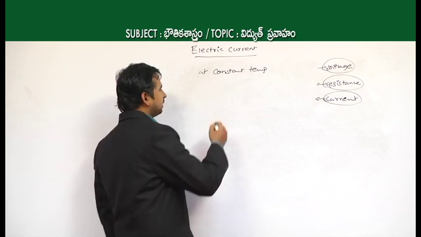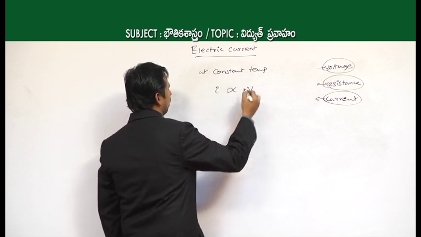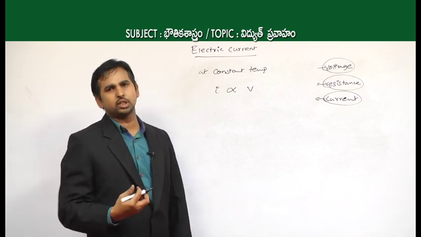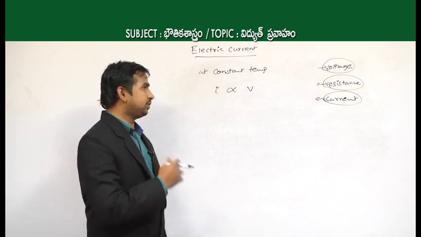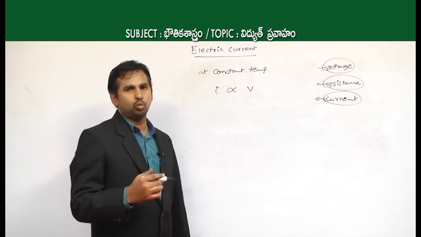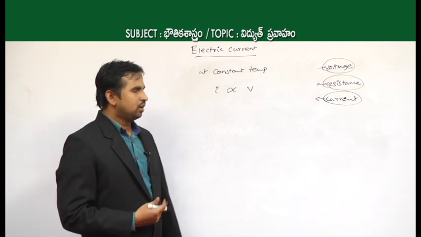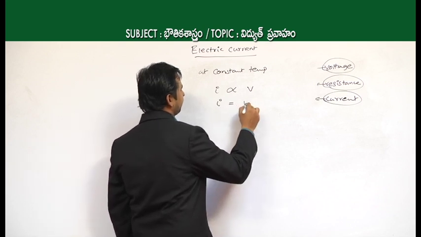Whatever current you draw, I, is directly proportional to the potential difference you apply. So the more potential difference you have, the more current you can draw. That is the meaning of Ohm's law: more voltage, more current; less voltage, less current. From this we can write I proportional to V, with a proportionality constant.